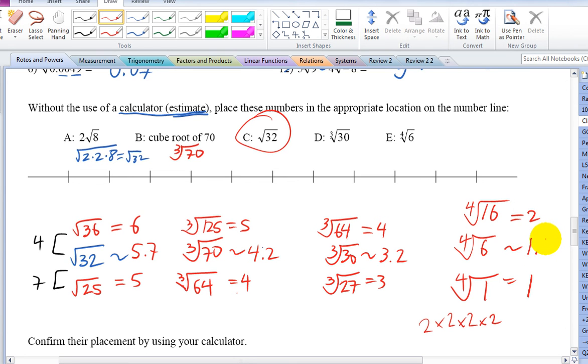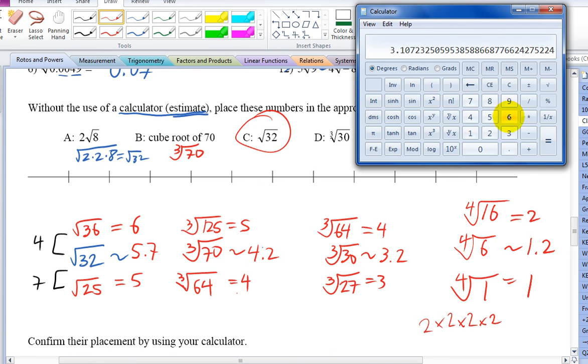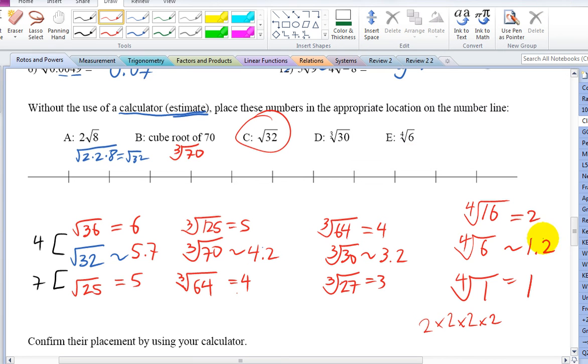Jordan Watkins. 1.2? Sure. Now these ones are really hard to do very accurately, okay? 1.56. There we go.